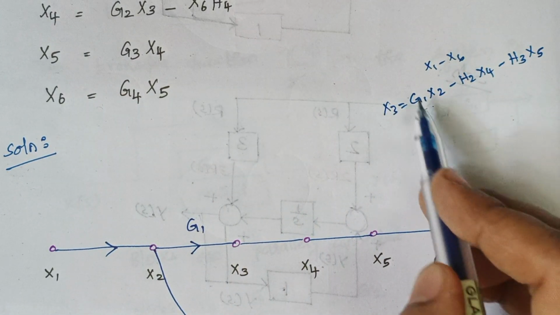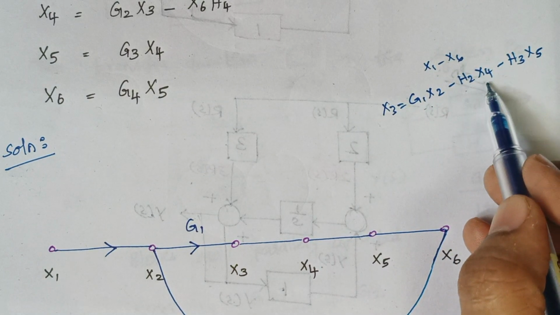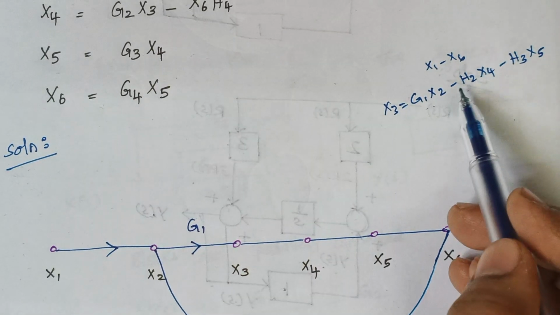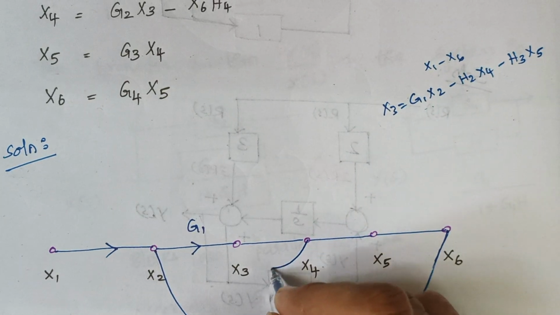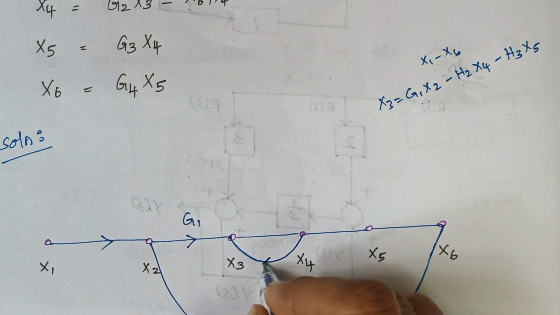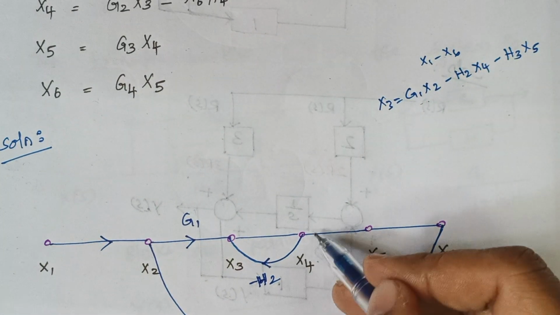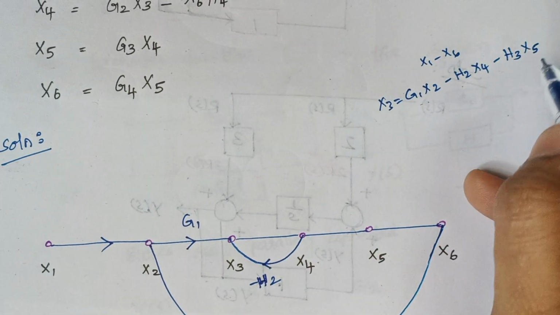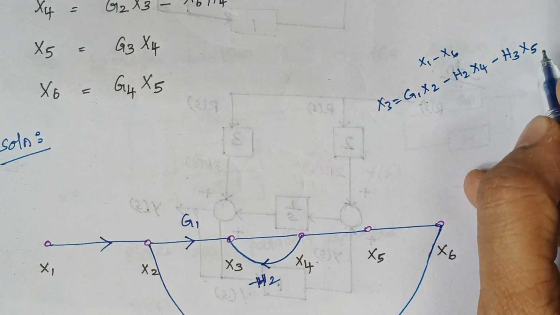So this is over. The next thing is minus h2 into x4. So this is our x4, and here we are having a minus h2. So draw a loop, and here the value of this gain is minus h2. So when you multiply, this will be minus h2 into x4. And finally here we are having minus h3 x5.